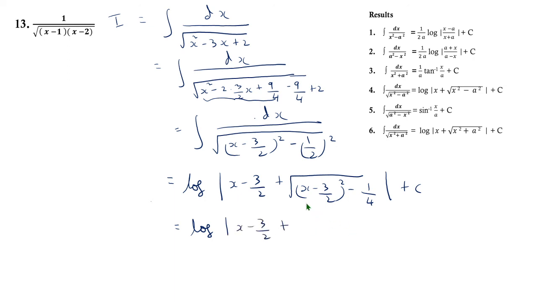We got this x minus 3 by 2 the whole square minus 1 by 4 from x square minus 3x plus 2. So the integral of the given function is log mod x minus 3 by 2 plus square root of x square minus 3x plus 2 plus c.